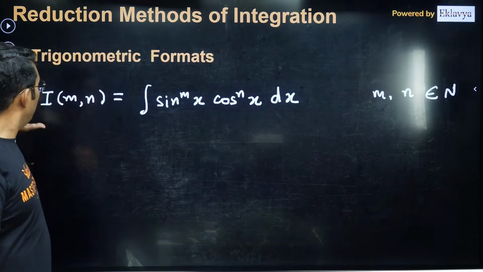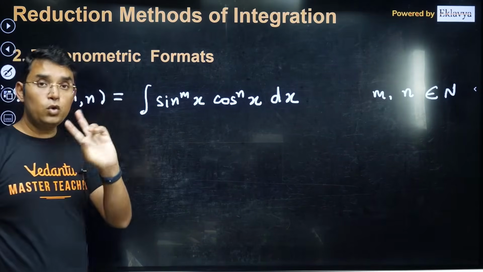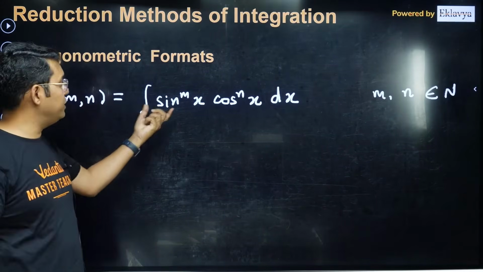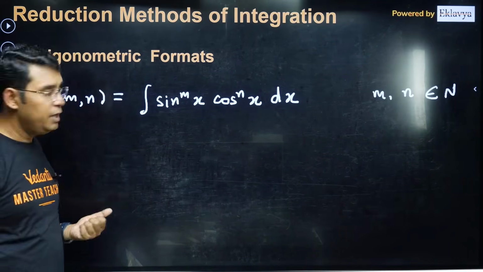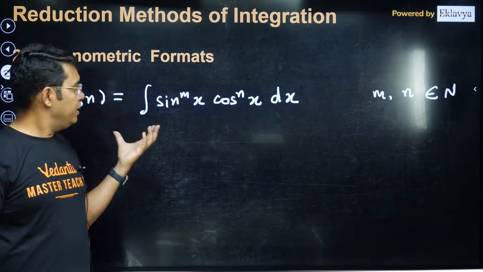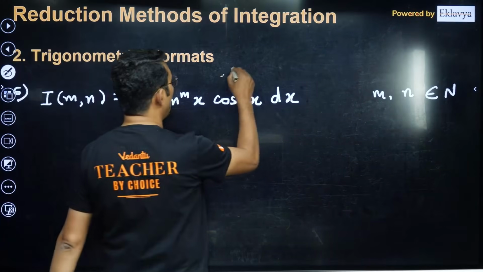Now i(m, n), where there are two unknowns or two powers, one on sine, one on cos. How to deal with this? You can obviously not do it in one go. Yeah, there is a possibility. Suppose n is odd.